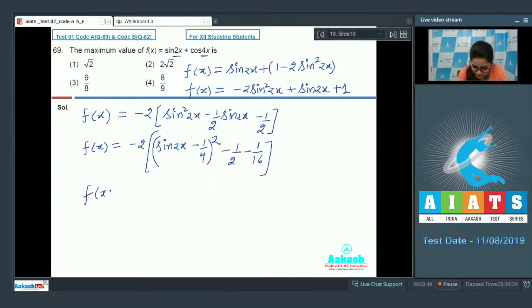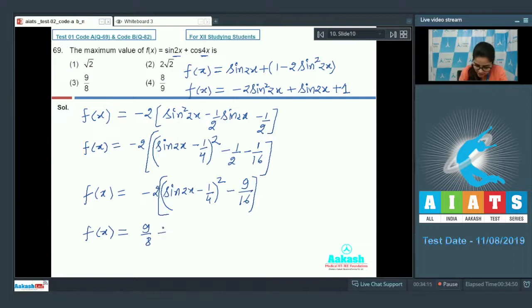So f of x is equal to minus 2 times sin 2x minus 1 by 4 square minus 9 by 16. Now f of x is equal to 9 by 8 minus twice of sin 2x minus 1 by 4 square.